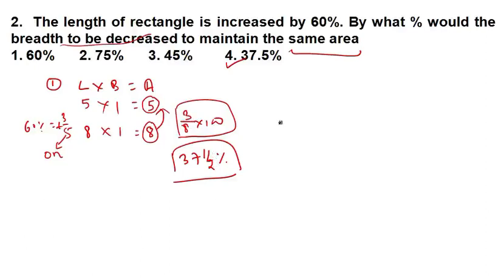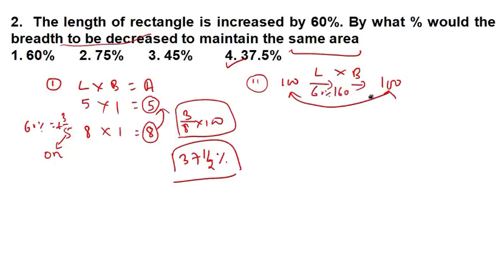Okay, fine. Now we'll do it with our second method. Here it is written very clearly that the area remains the same. So I'll assume my area to be 100. Then there's an increase in length and something happens to the breadth. Then my area has to be the same again; it has to be constant. Now I know that my length got increased by 60%, so it becomes 160.